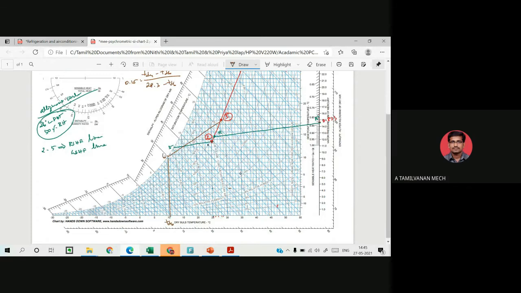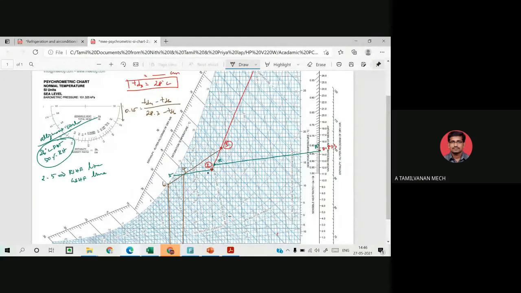This point is the TD4, point number 4. You note TD6 and TD4 and substitute the temperature values in that equation, 0.15 is equal to TD4 minus TD6 divided by 28.3 minus TD6, to see whether you get 0.15.